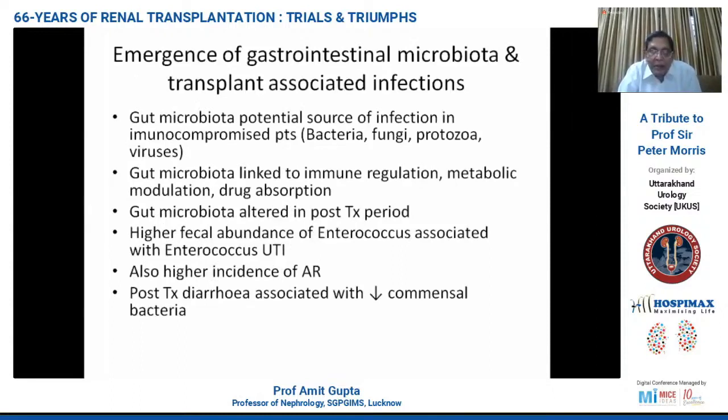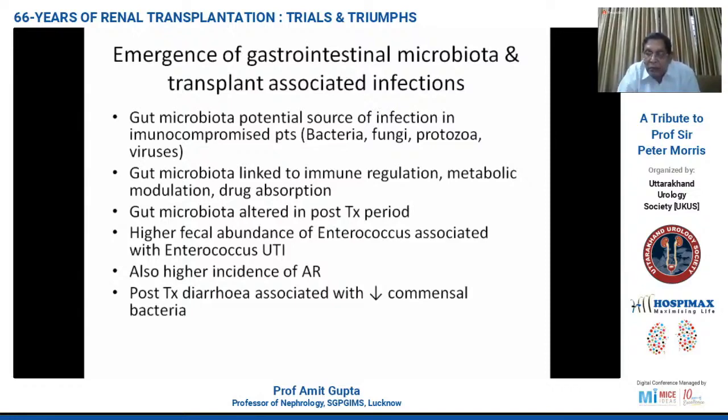One last word about the emergence of gastrointestinal microbiota and transplant-associated infections. Gut microbiota is a potential source of infection in immunocompromised patients and can lead to bacterial, fungal, protozoal or viral infections, because gut microbiota are linked to immune regulation, metabolic modulation, and drug absorption.